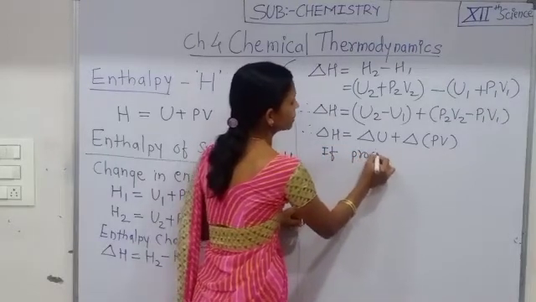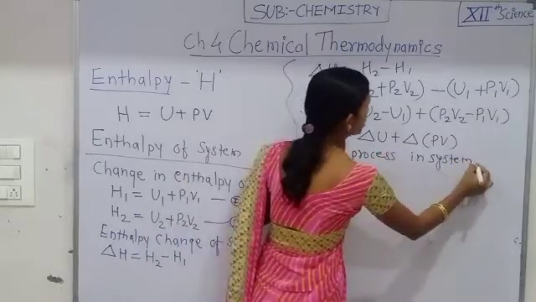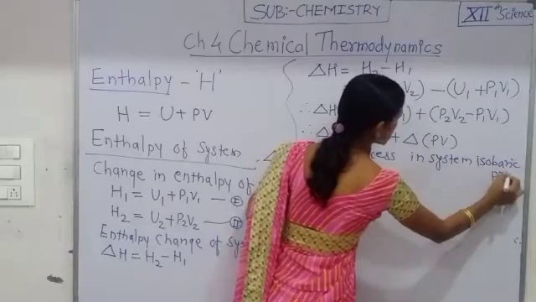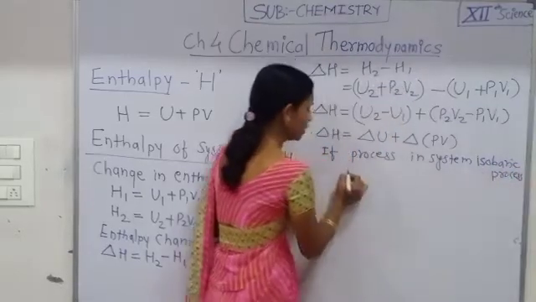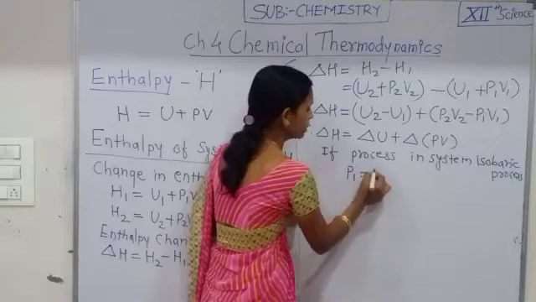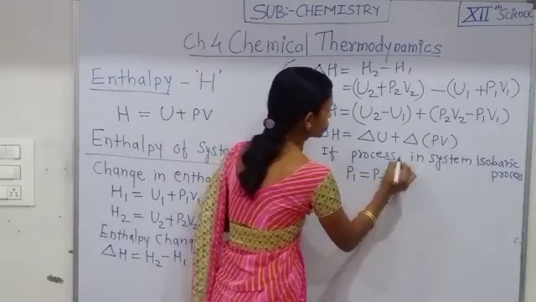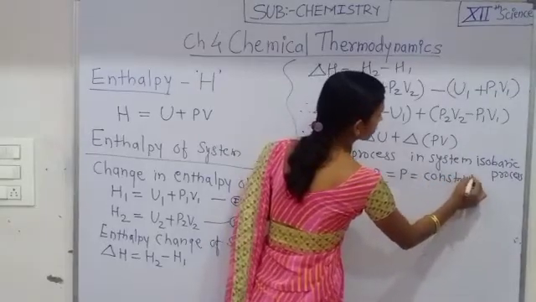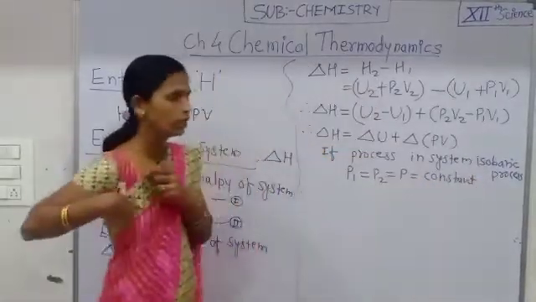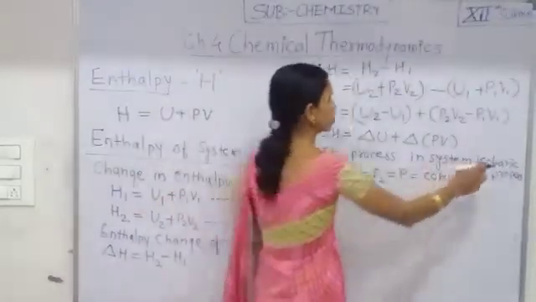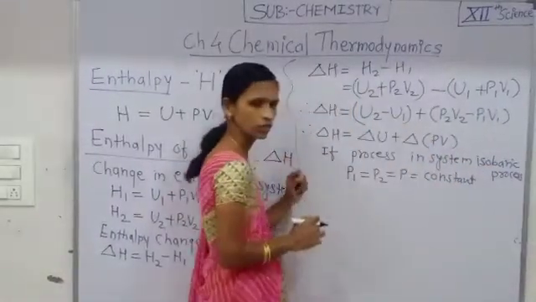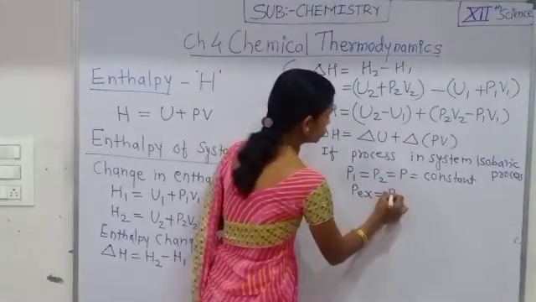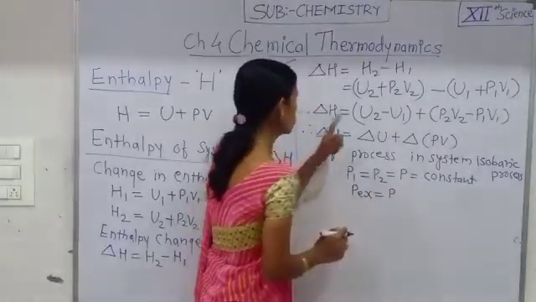And here, if the process which takes place in the system is an isobaric process, that means P1 is equal to P2 is equal to P, that is, P is constant. In an isobaric process pressure is constant, that is, Pex is equal to P, which is constant.